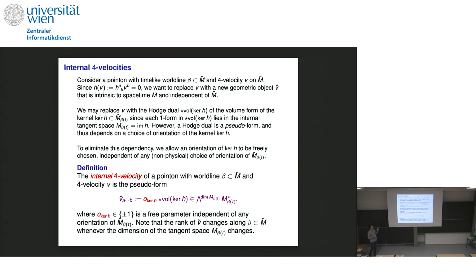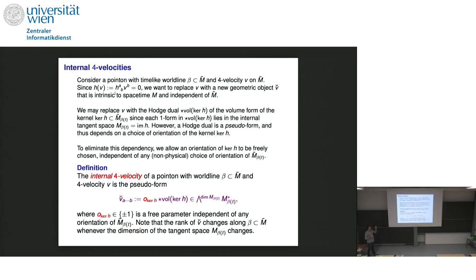Okay, so now we don't have tangent vectors or four velocities anymore with these particles. So what do we replace them with? Consider a pointon with a time-like worldline beta and four velocity v on M tilde.